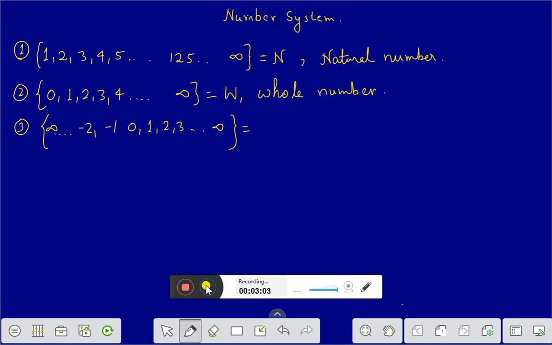Here you see, that is 0, 1, 2, 3 up to infinity, and minus 1, minus 2, minus 3 up to infinity. These are positive integers, these are negative integers, including 0. And this can be represented by the letter Z, that is integer.